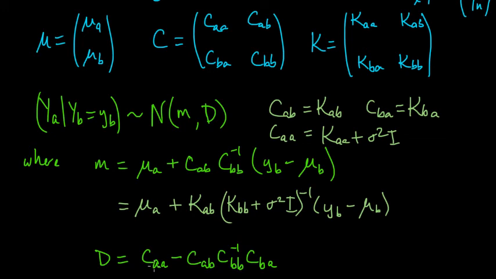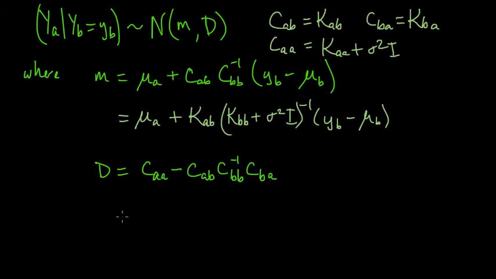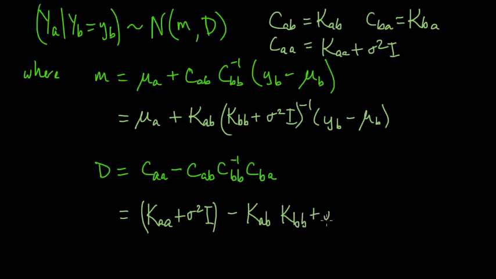And what is this one? Well, CAA is this, so let's plug it in. KAA plus sigma squared I minus CAB, which is KAB, times CBB, that was this thing, KBB plus sigma squared I inverse, times CBA, which is KBA.